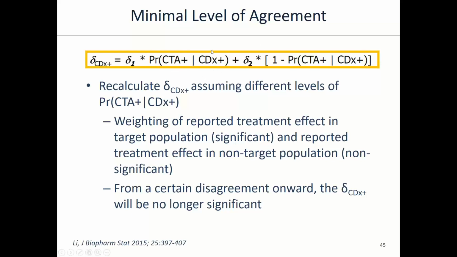So here the probability that when your companion diagnostic is positive, what's then the probability that also your clinical trial assay was positive? And here 1 minus this probability. And if you plug the values in, so you have an estimate here and you plug in different agreements, you will see that from a certain disagreement onward, your treatment effect will no longer be significant. And that would then be the minimal level of agreement you need to proceed with this bridging.